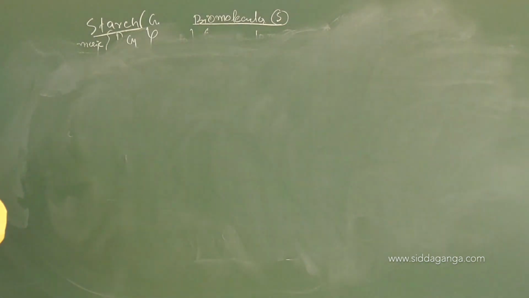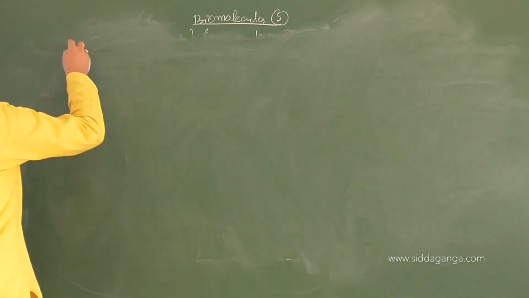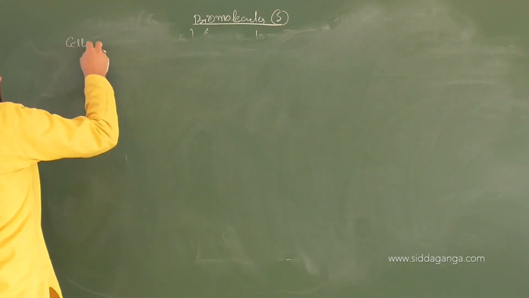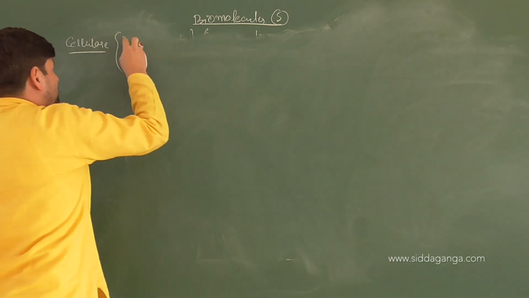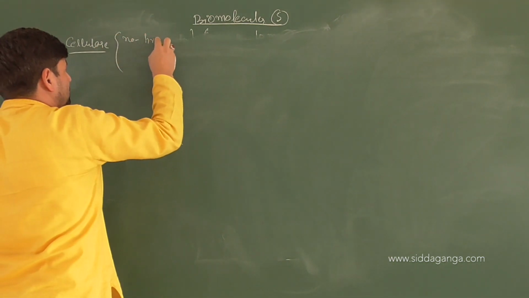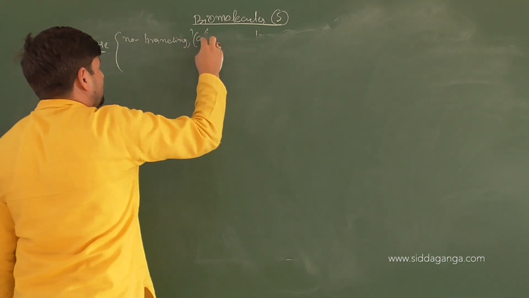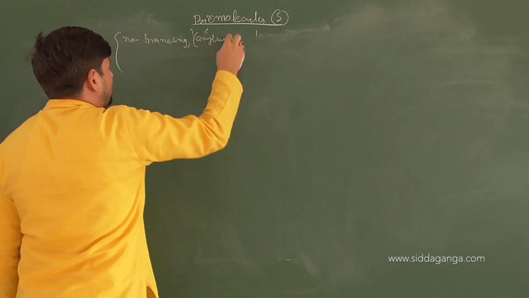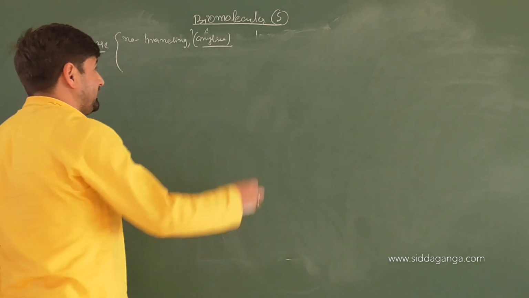Now, if you look at cellulose, let me clear certain facts. No branching. That means only the amylose-like part exists. But here the linkage is different.